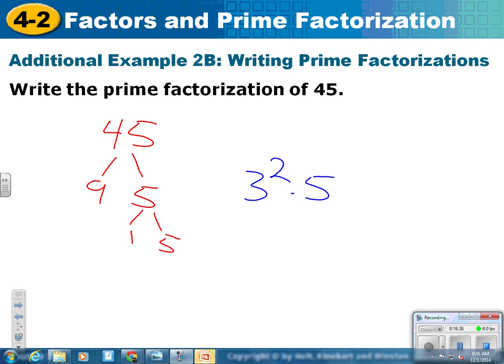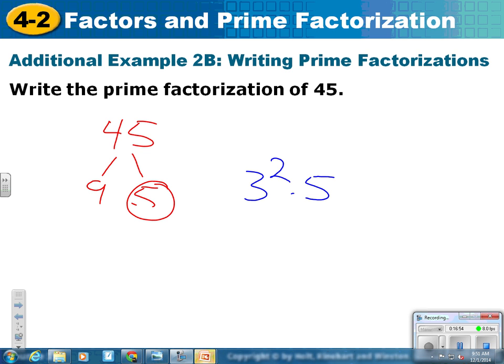I don't ever want to see a 1 in a factor tree, ever. Don't put 1 there. It doesn't belong. Because if you have to put a 1 in there, that means that the number above it is already prime. Don't break it down any farther. There should never be a 1 in a factor tree, ever. If you have 1 in there, it means you made a mistake.